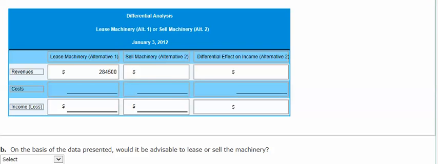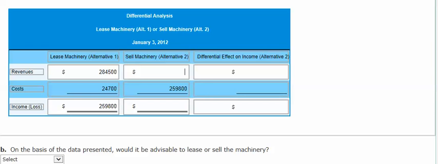So we can take the $24,700 and subtract that. $284,500 less the $24,700 looks like $259,800. Oops, put it in the wrong spot. Did I do that wrong? Am I okay there? All right.